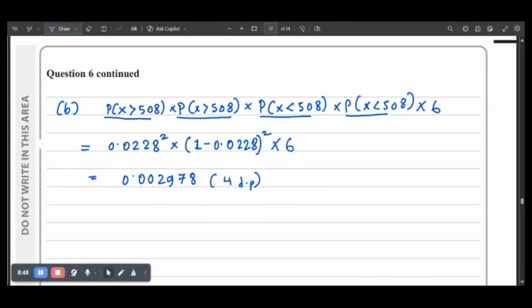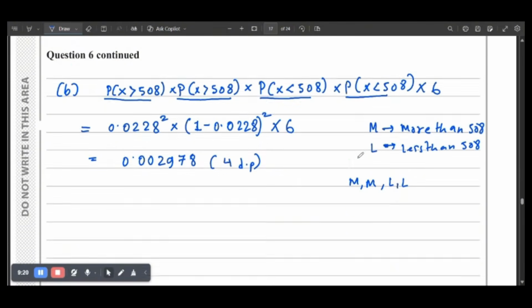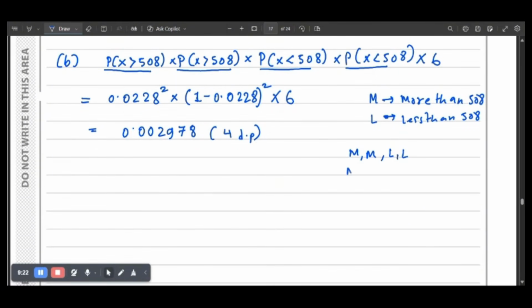We can see the combinations here. There will be two more than 508 and two less than 508. This is a single combination. Another combination is this.